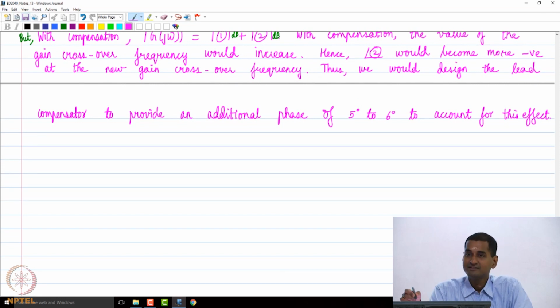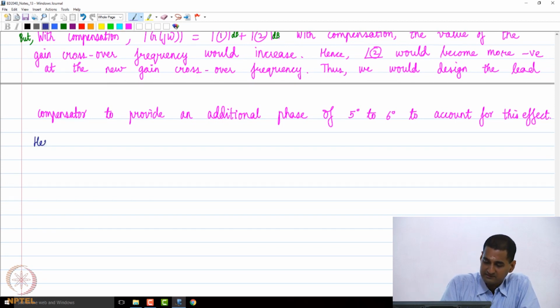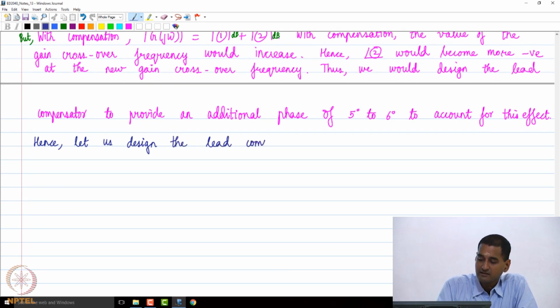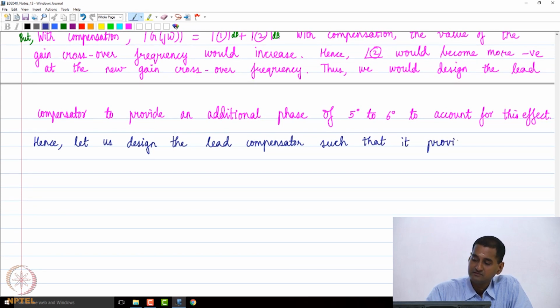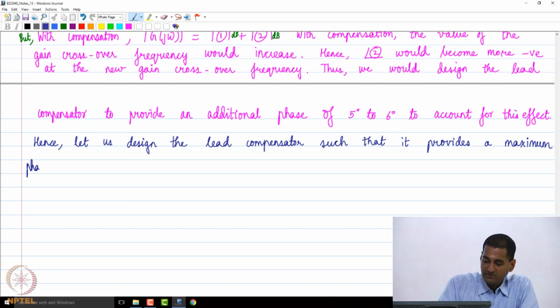I hope it is clear what essentially we are doing. Hence, let us design the lead compensator such that it provides a maximum phase, okay, of phi m.